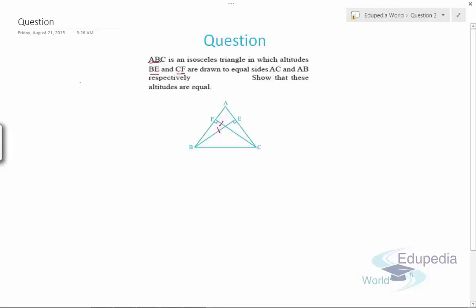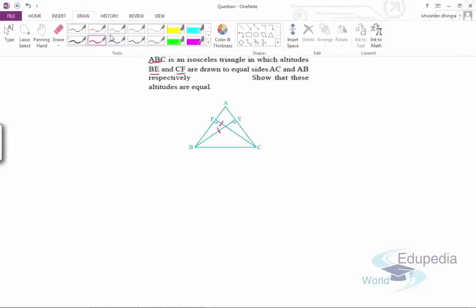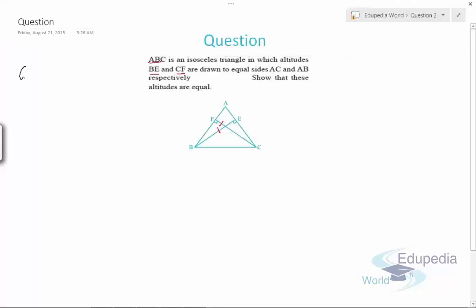It's given. So first of all, let's write what is given. Given is ABC is an isosceles triangle and it's given AB equals AC.